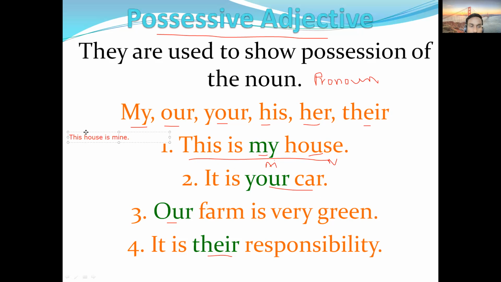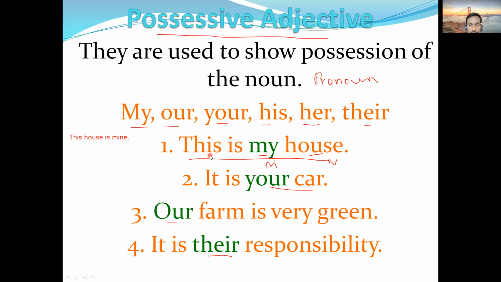What changed here? Which is the adjective in this sentence? This house is mine. Mine. Mine, is it an adjective? Mine? This, sir. Yes. So see how the sentence changed.